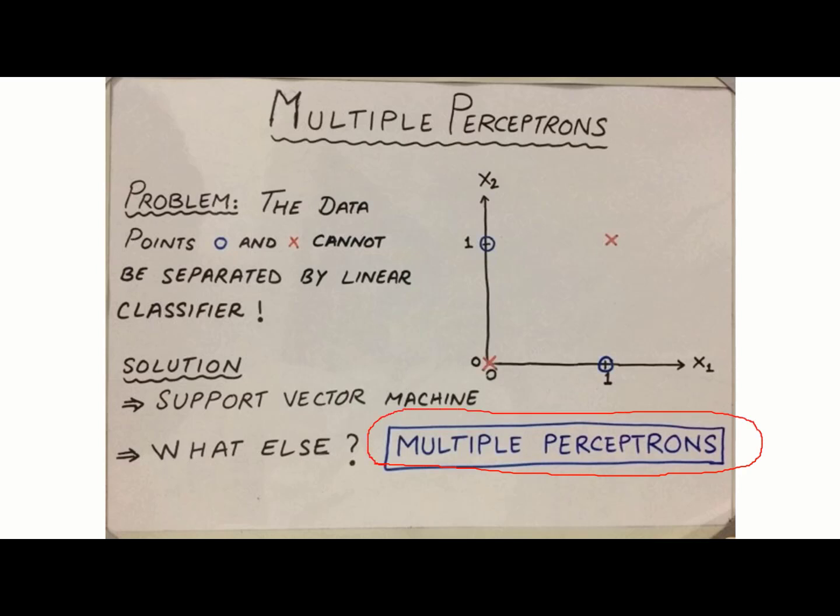So the idea here is that we can use 2 straight lines and somehow combine these 2 linear classifiers by using some kind of logic, and be able to say that the data points which lie between these 2 lines have one label, and the data points which lie outside this region, such as here and here, have a different label. So that's how you can use multiple perceptrons to get the correct classification done.